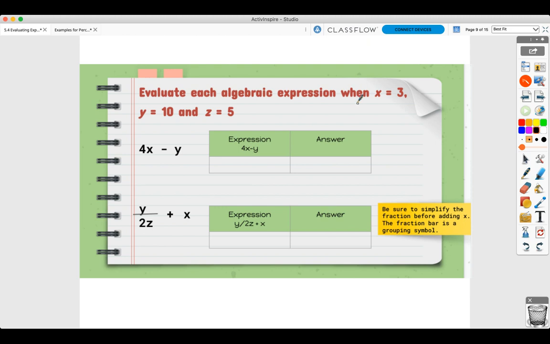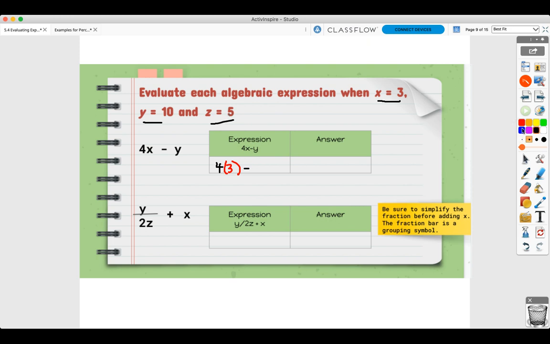So now if you notice, evaluate each algebraic expression when x equals 3, y equals 10, and z equals 5. Each of these gives you different values. So this is saying 4x minus y, so we don't need the z in this one, so we don't include it. So 4 times x, which is 3, minus y, which is 10.